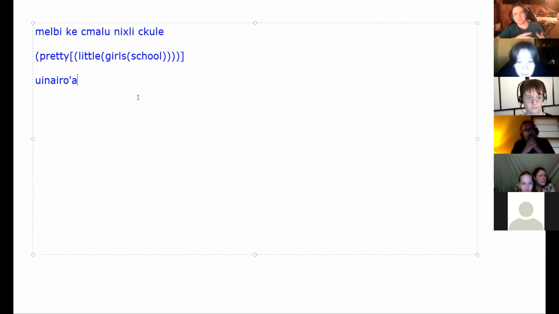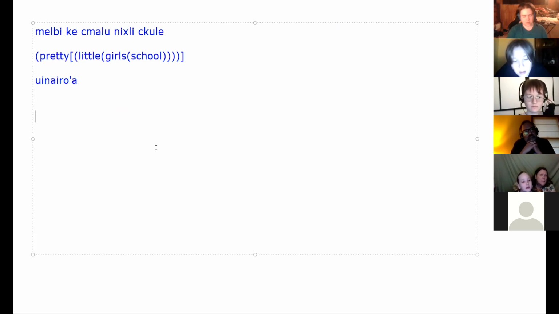There's no consonant clusters or anything in it. The main reason we have consonant clusters in the brivla is because it could break up into these cmavo clusters. Gotcha.